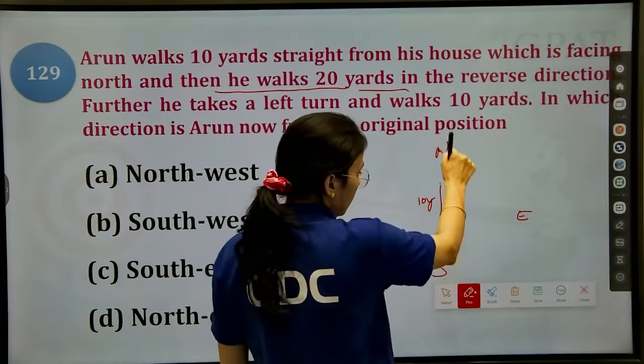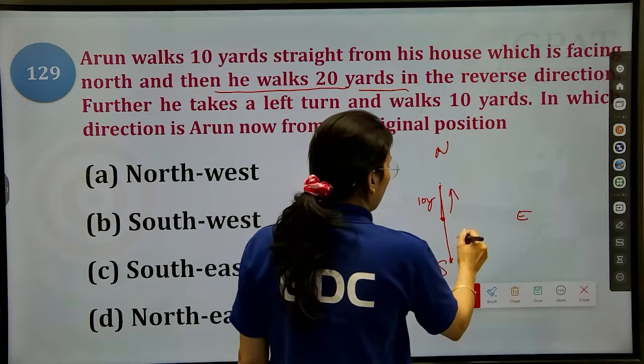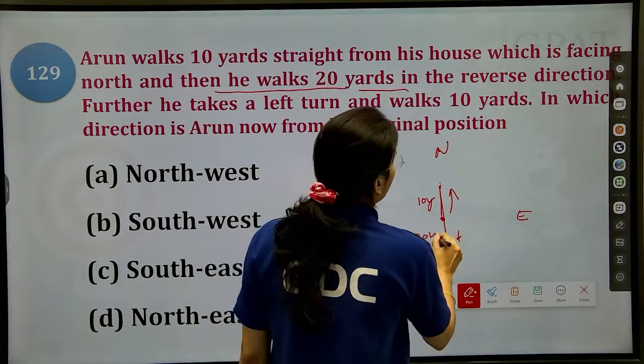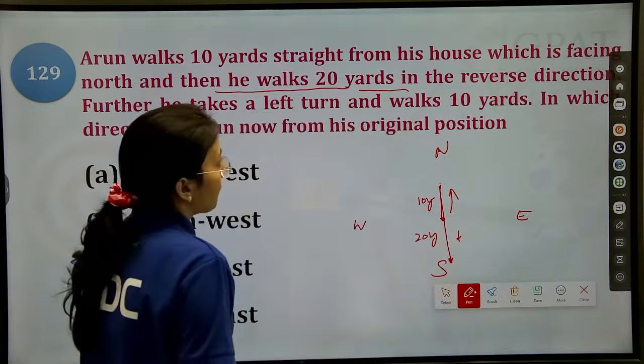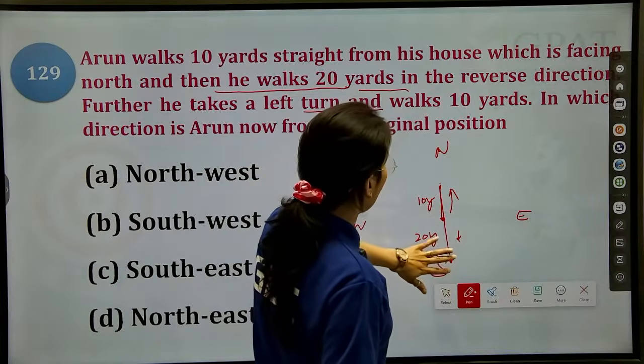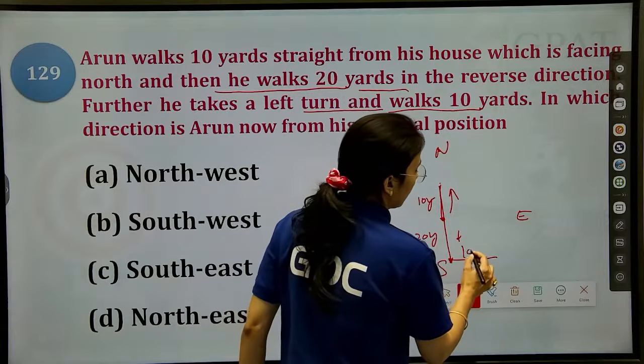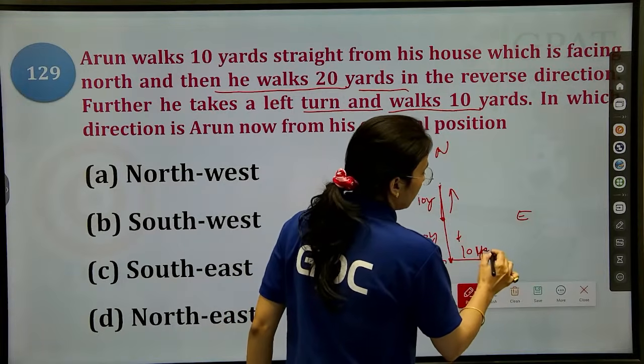Reverse means back direction. So first he moves straight and then backward, that is 20 yards. Then further he takes a left turn, and in that position walks 10 yards.